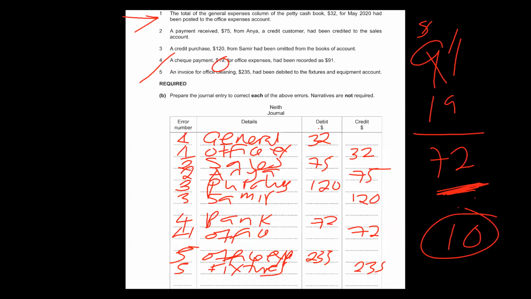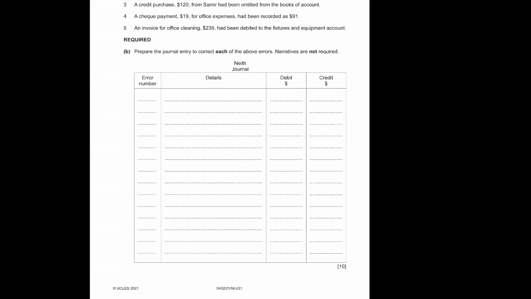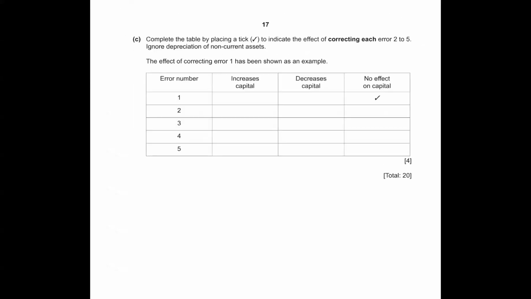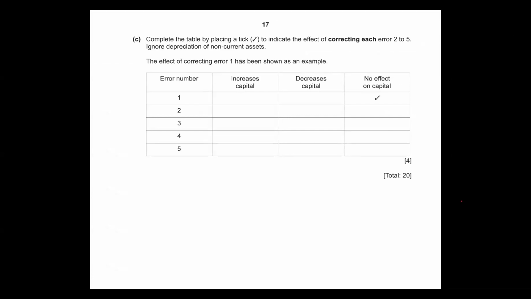Let's look at the last part of the question. I encourage the class not to be very tired because we are coming to the close of the conversation. Complete the table by placing a tick to indicate the effect of correcting errors 2 to 5.